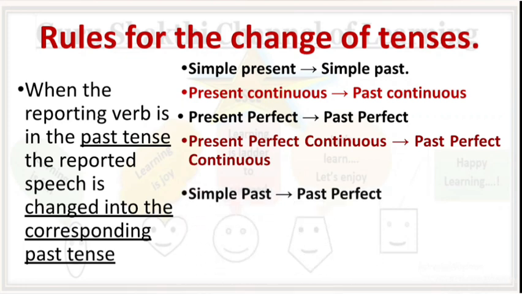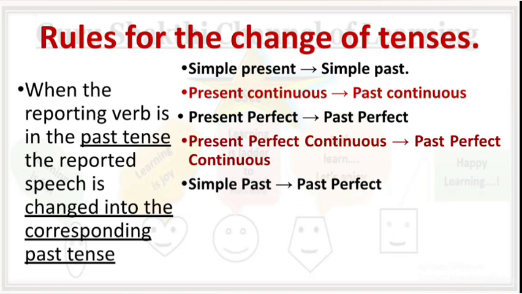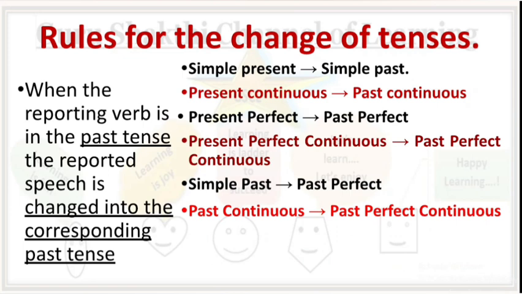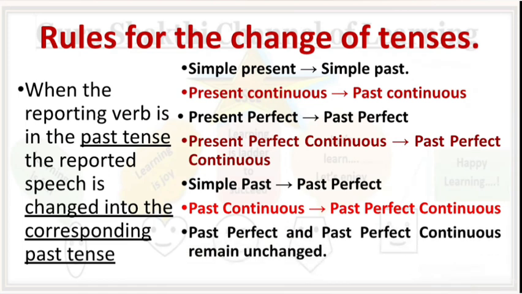Simple past form will be changed to past perfect tense form. Past continuous tense form is changed to past perfect continuous form. Past perfect and past perfect continuous remain unchanged.